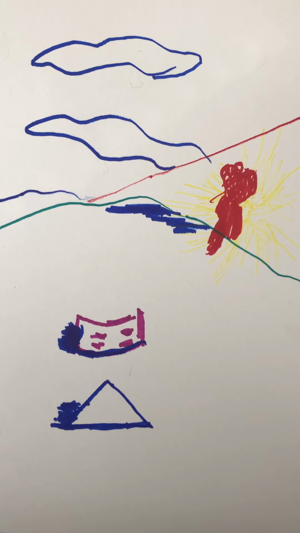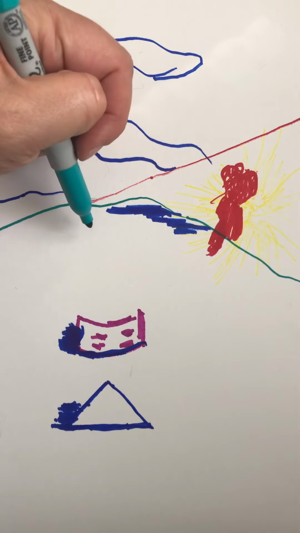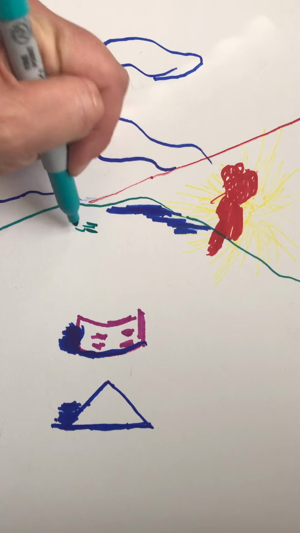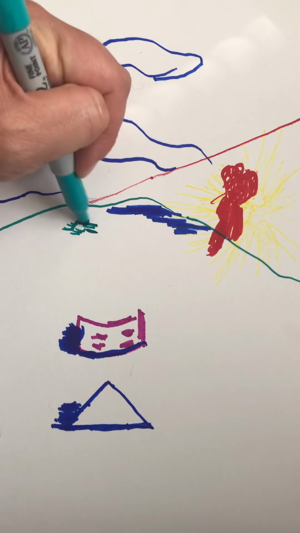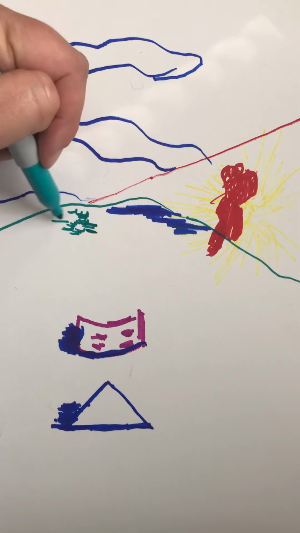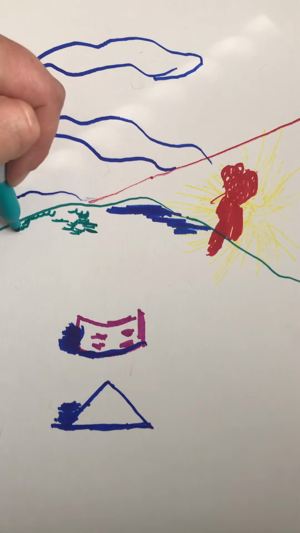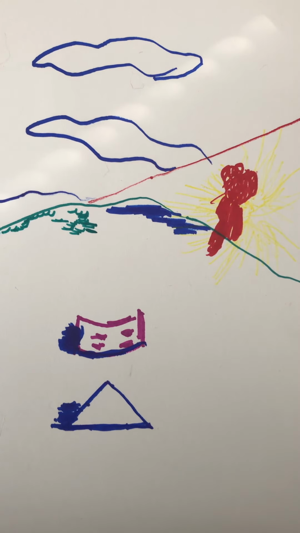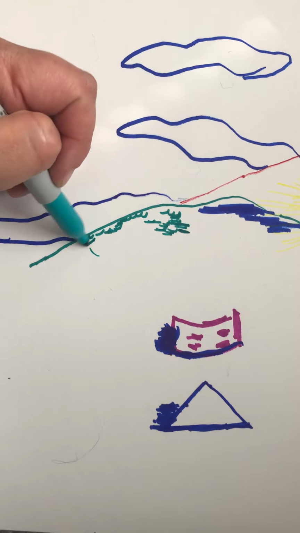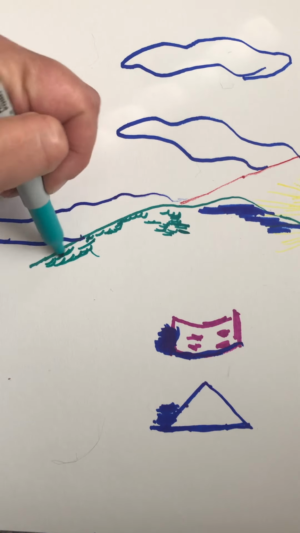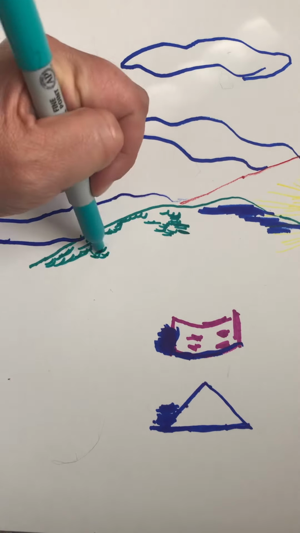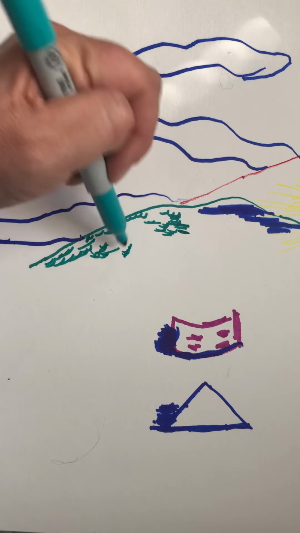So now what you do is shade the grass. You make small streaks, just follow the direction of the hill. The hill's going down, so you go down with your marker, or whatever material you're using to draw.